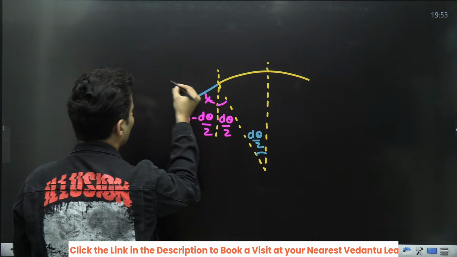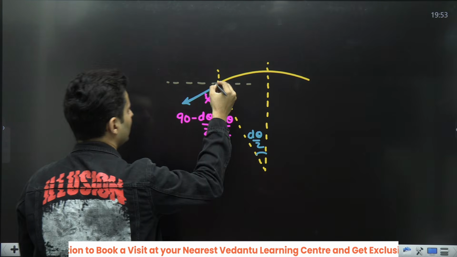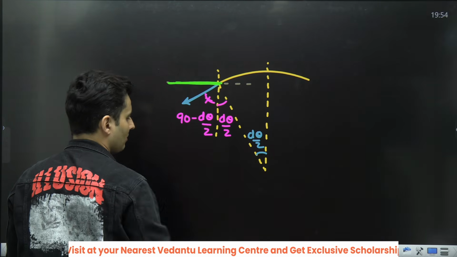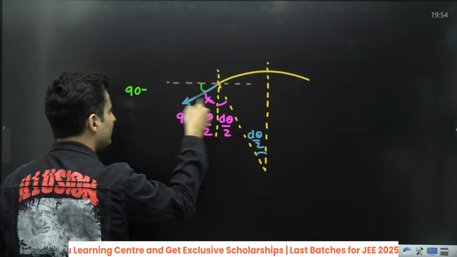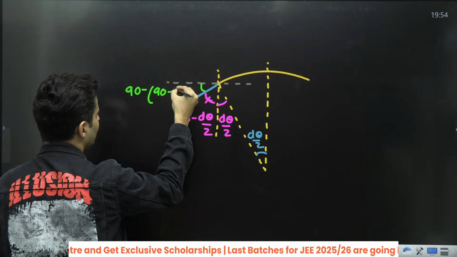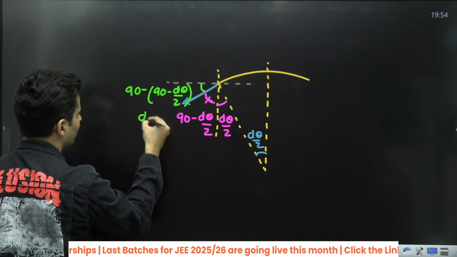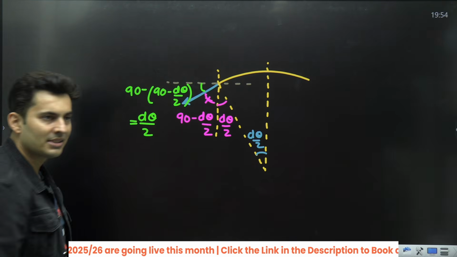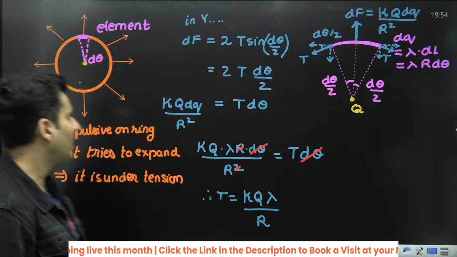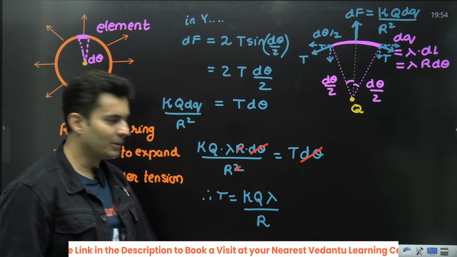Naturally, if you go in the horizontal direction, this angle will be 90 minus this angle, which is 90 minus d theta by 2. So 90 cancels, minus minus becomes plus, so it just becomes d theta by 2. That's why this angle also becomes d theta by 2, which is what I have taken over here. Okay, perfect. What a brilliant question, guys.